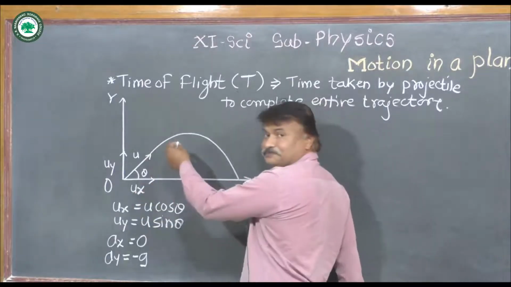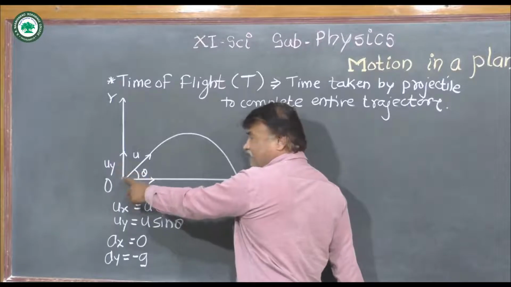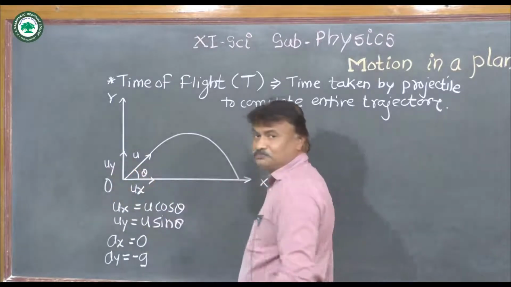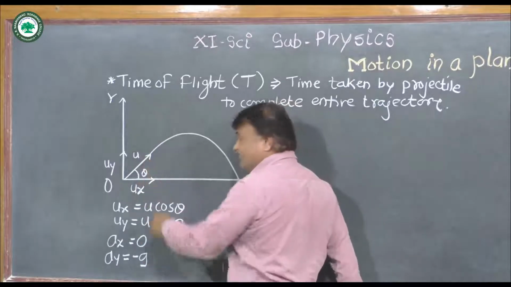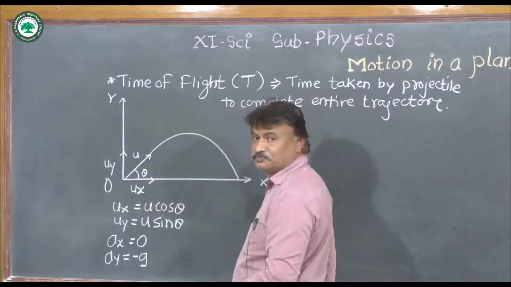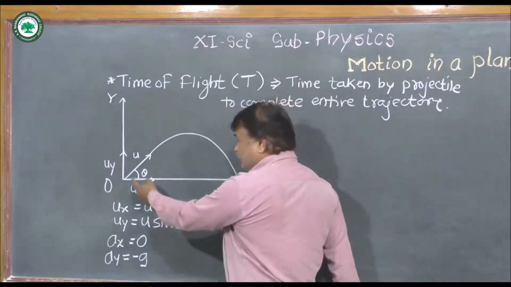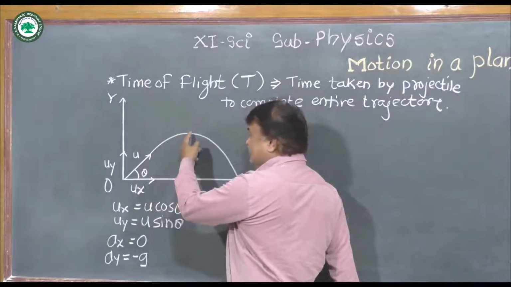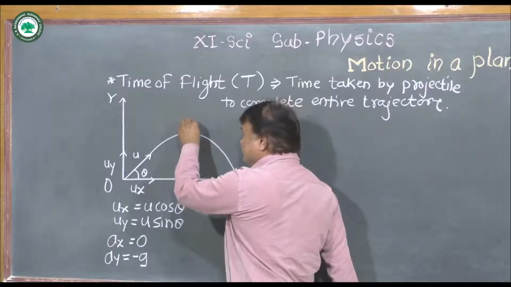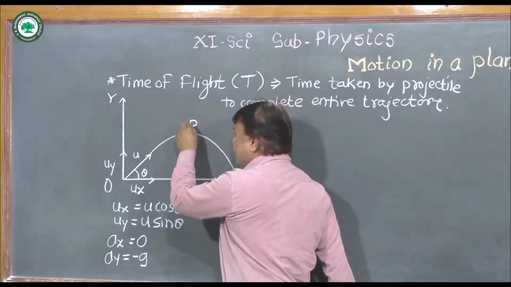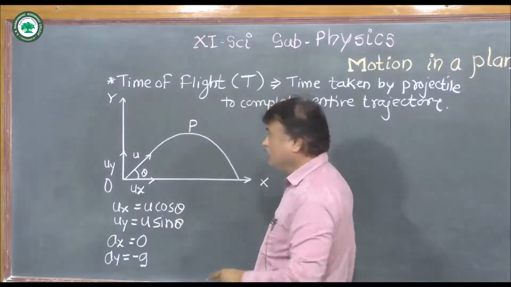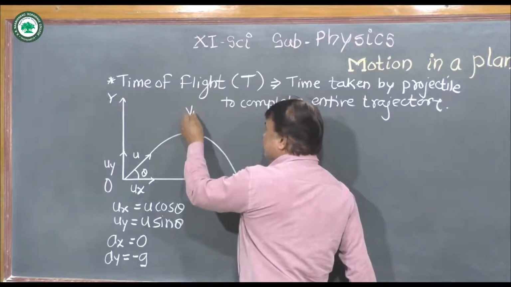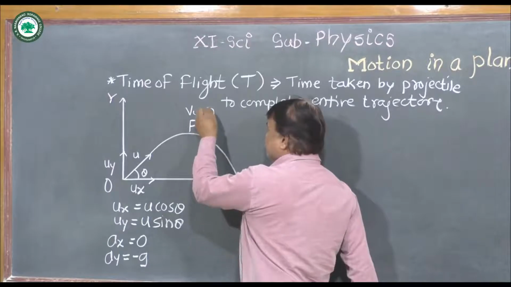From this figure, when the projectile is projected from point of projection O with initial velocity u, its velocity continuously goes on decreasing, and when it reaches maximum height at point P, its velocity is 0.